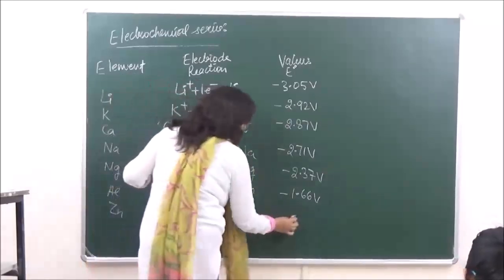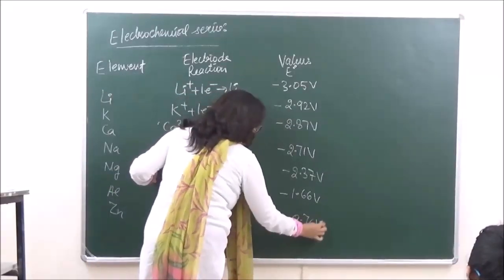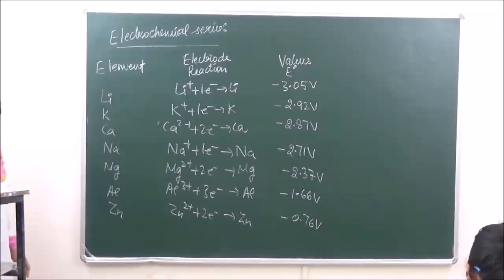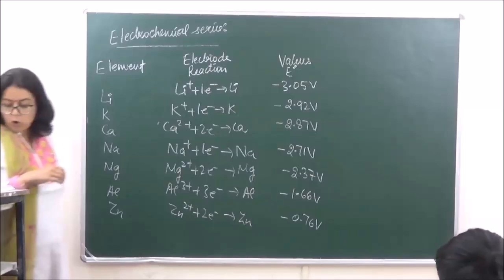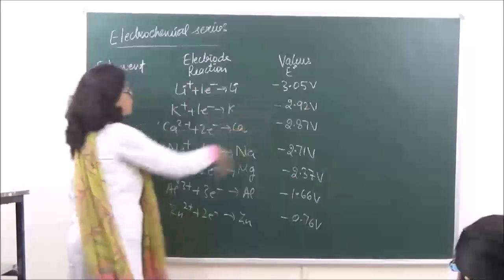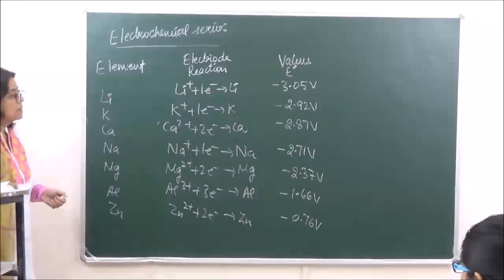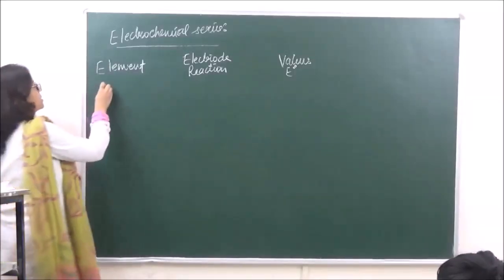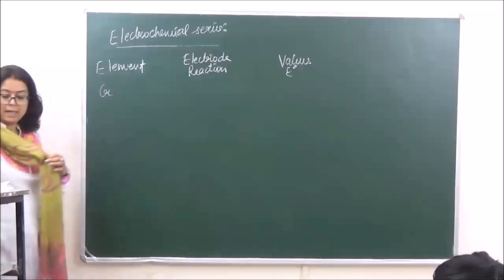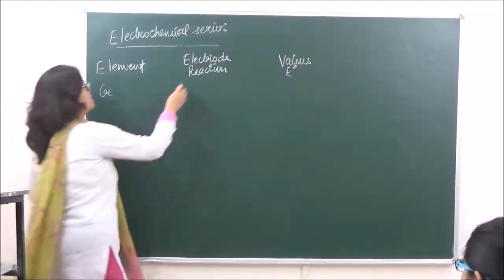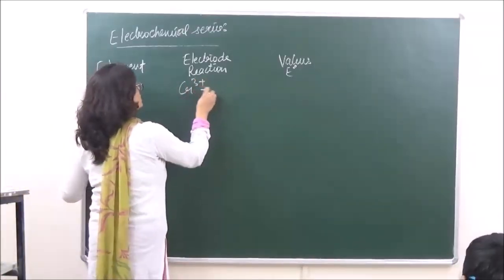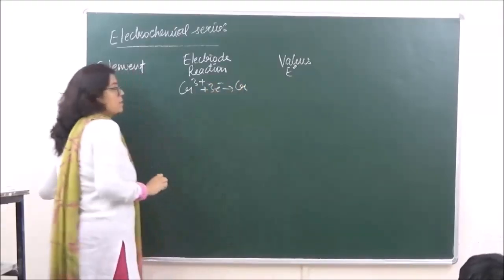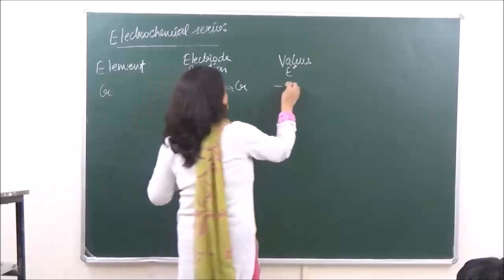The value over here is minus 0.76 volts. Then after zinc comes chromium, and the reaction of chromium is Cr3+ plus 3 electrons to give us chromium.